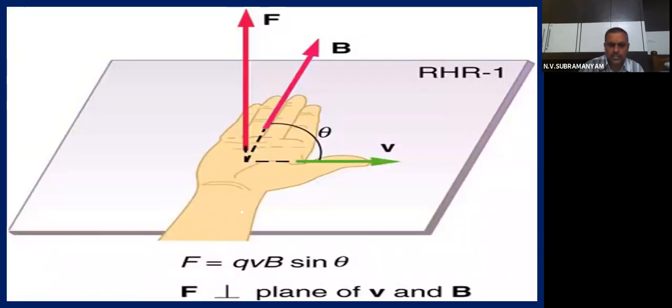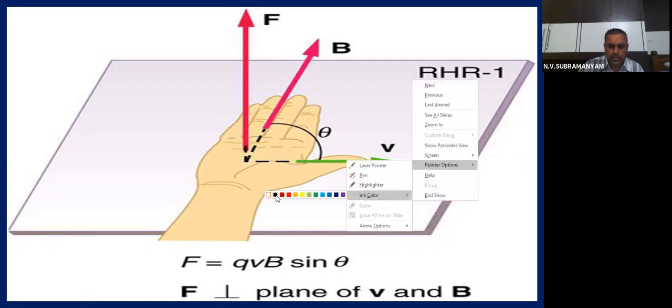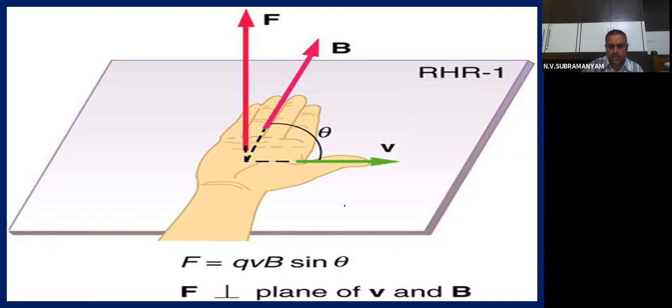So we are considering a charged particle which is moving with velocity v inside a magnetic field which is in this direction. Okay, so I am considering a charged particle. Let us say the charge of the particle is how much?